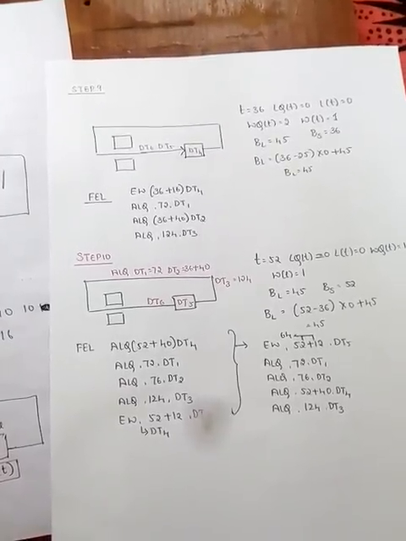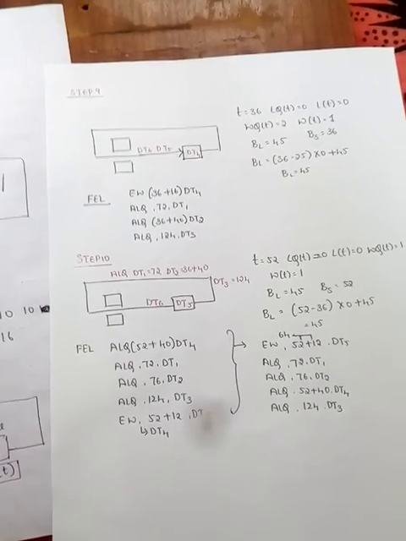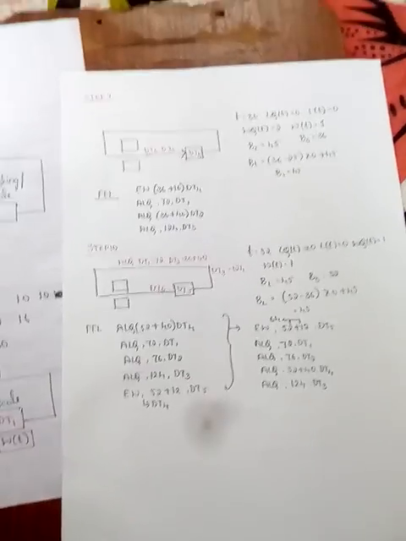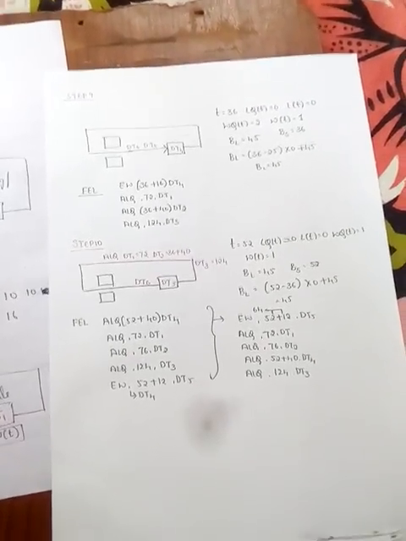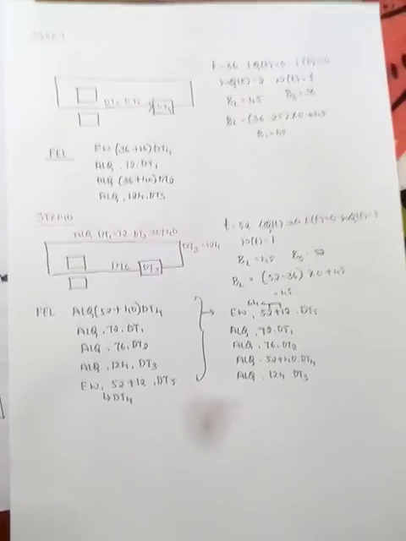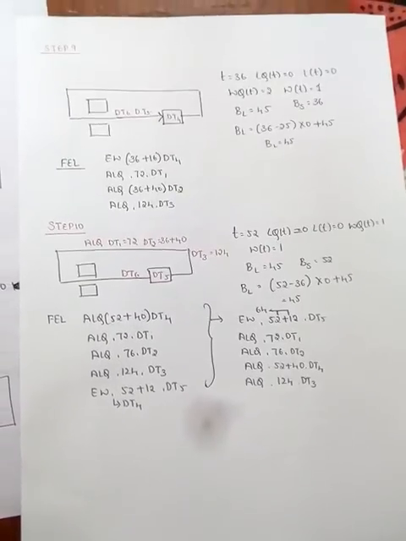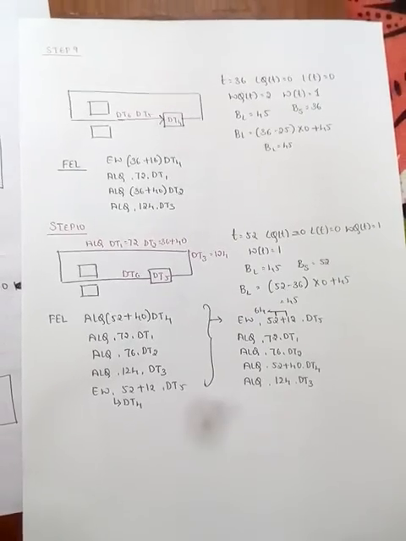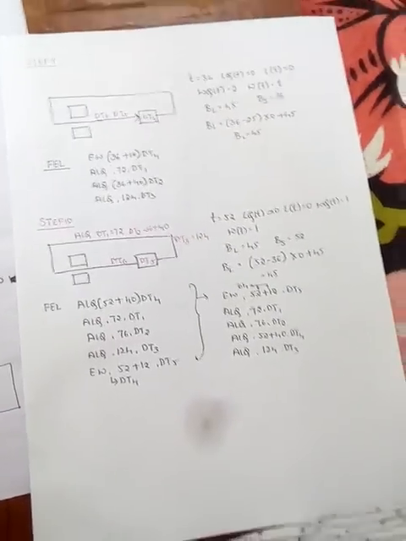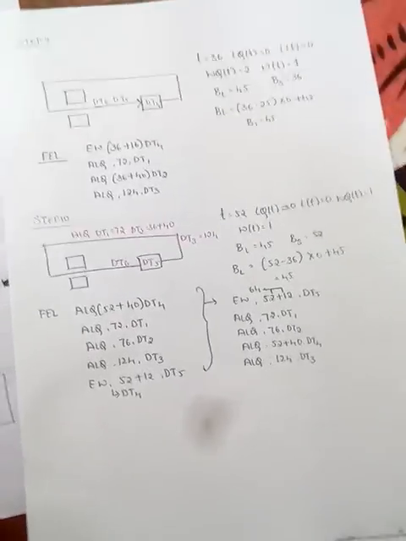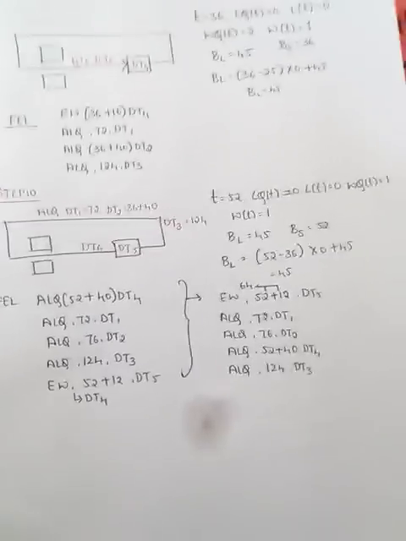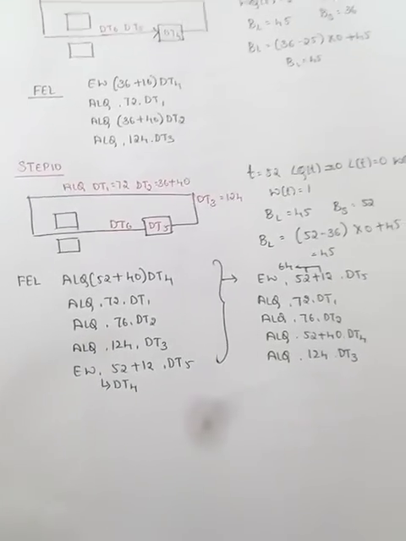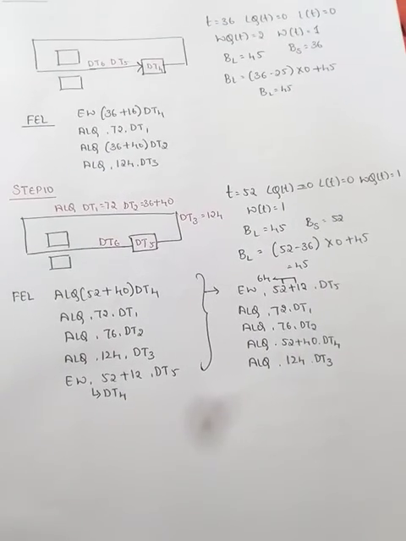Next the truck DT2, ALQ comma 36 plus 40 DT2, and ALQ comma 124 comma DT3. Now here my least value is 36 plus 16, equal to 52. 52 is your least value, the value of truck DT4, and that is the clock time for your next process, step 10.